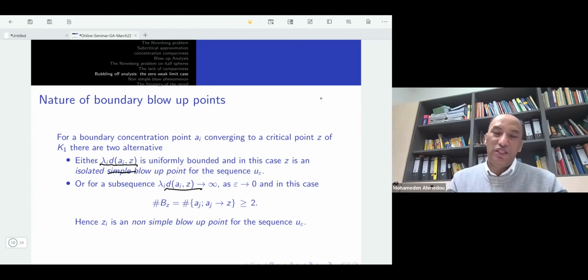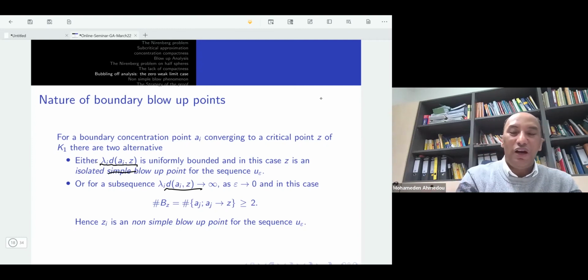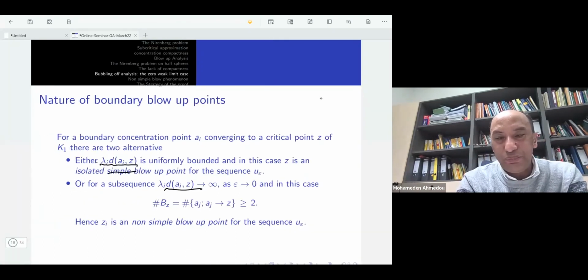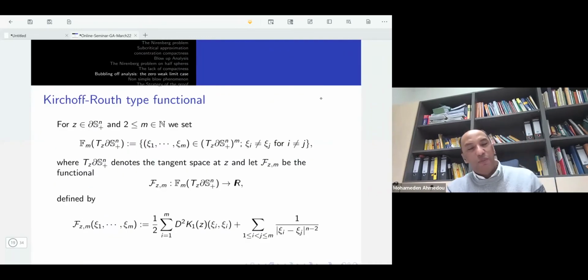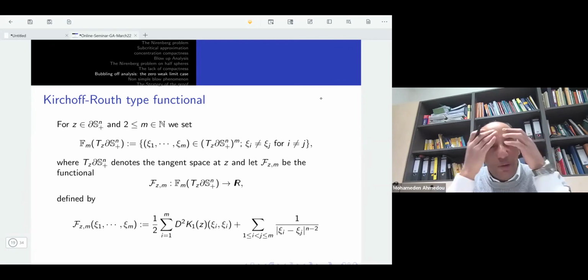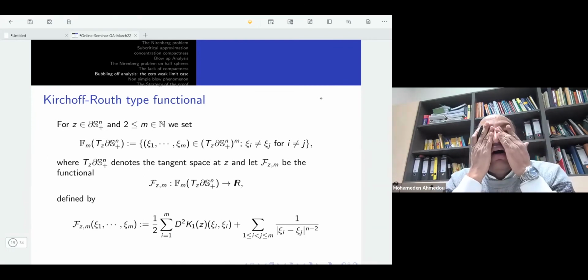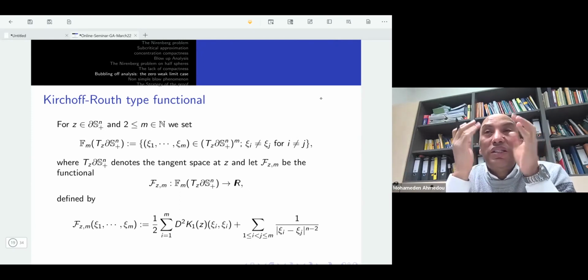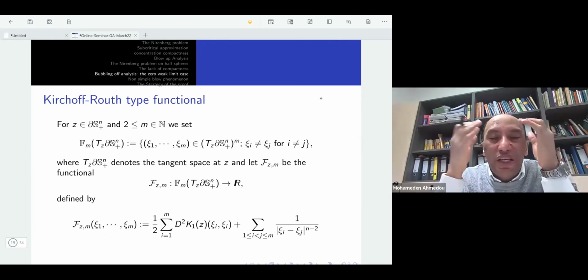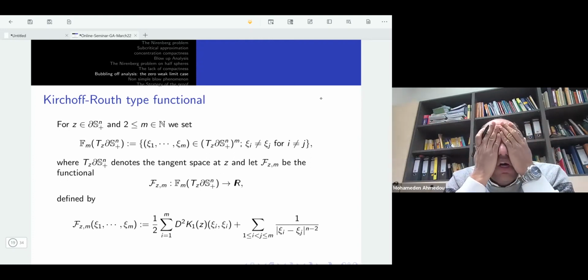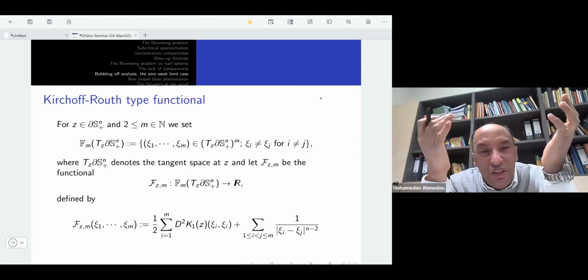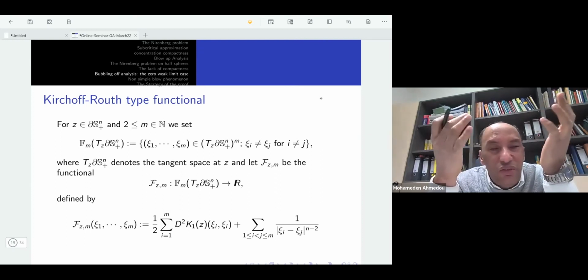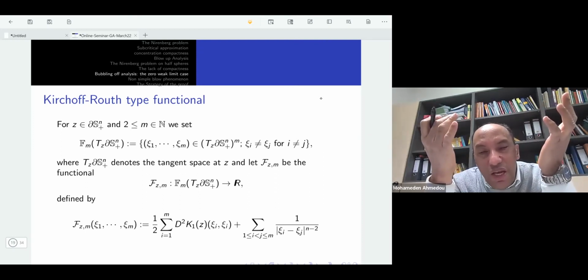So is it possible that we do have this alternative? Yes, but for this we need to understand more about this blow-up point, and actually to understand the nature of a boundary blow-up point with respect to simplicity and non-simplicity, we make use of some Hamiltonian function, sometimes also called a Kirchhoff-Routh type functional.